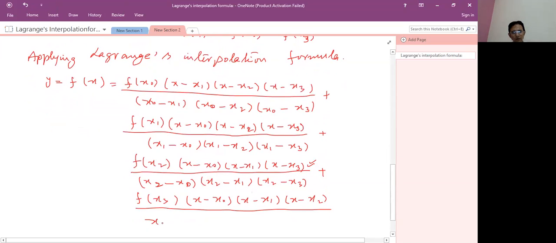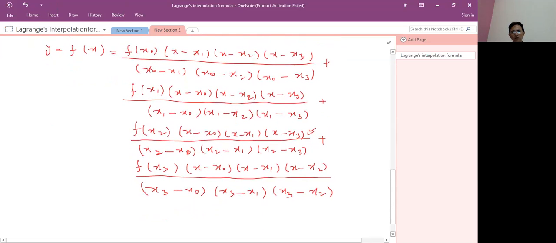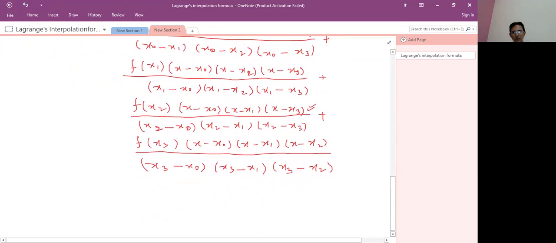Divided by, starting from x3 in the given table, x3 minus x naught, x3 minus x1, x3 minus x2, then stop. After that, student, we put all the values in this formula.